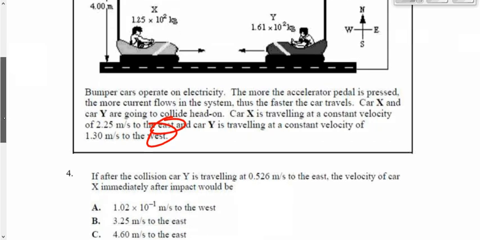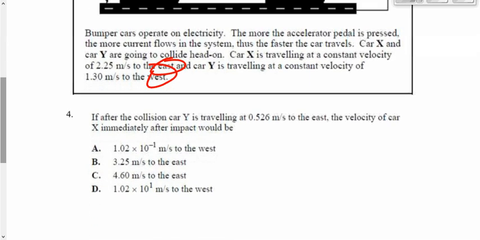If after the collision Y is traveling at 0.526 to the east, what's the velocity of car X immediately after impact? Again, the problem's not so hard. It's just the wording of it, right? The wording is a little bit icky. Numbers all over the place. The east and the west as well, which we could easily make a mistake on.